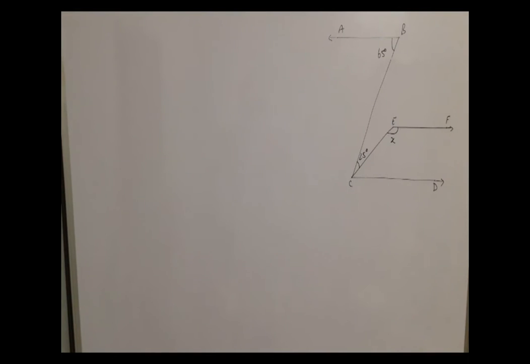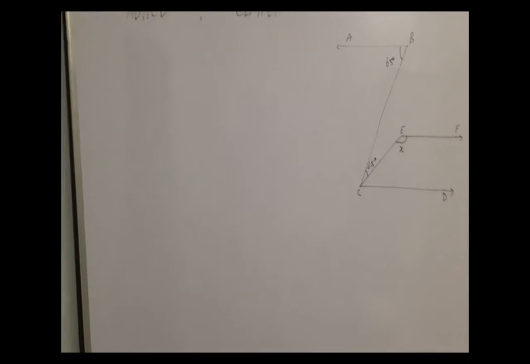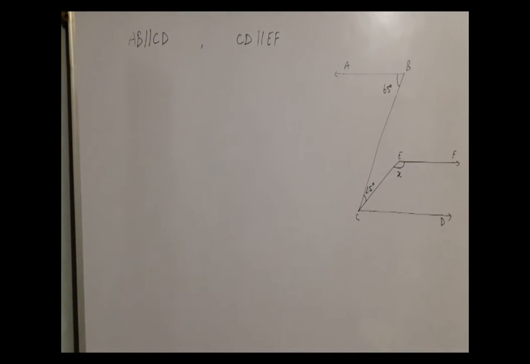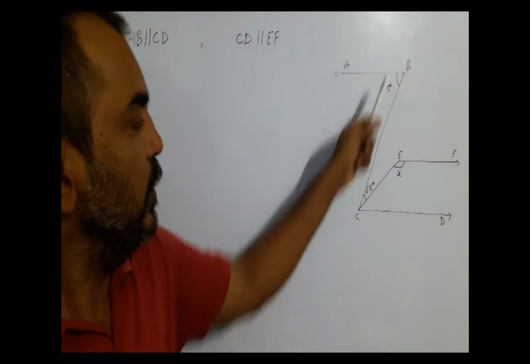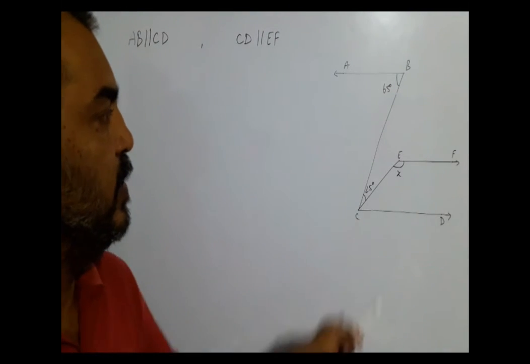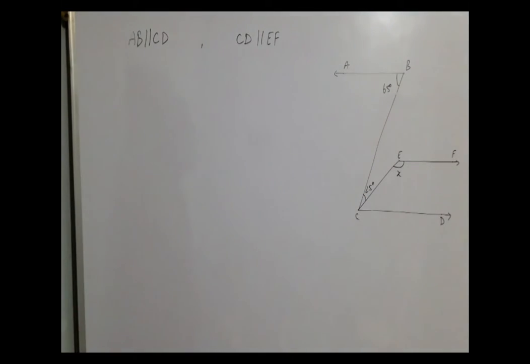Okay, look at this sum now. In this sum we are given AB is parallel to CD and CD is parallel to EF. We are given angle ABC is 65 degrees and angle BCE equals 25 degrees. We have to find the value of X. We'll begin the sum like we did.